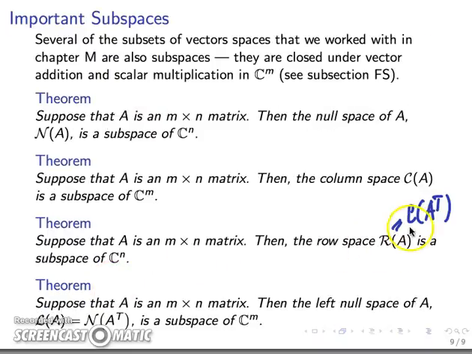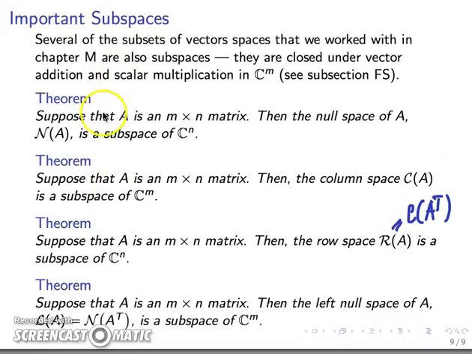Let's keep in mind that the row space is the column space of the transpose of the matrix. Last but not least, there is something called the left null space of a matrix. L of A is the left null space, which is nothing other than the null space of the transpose of the matrix.